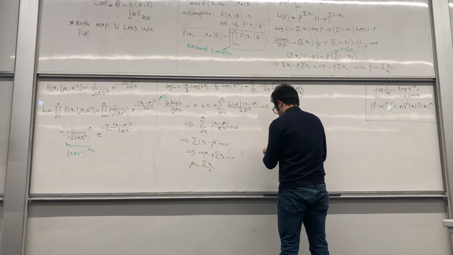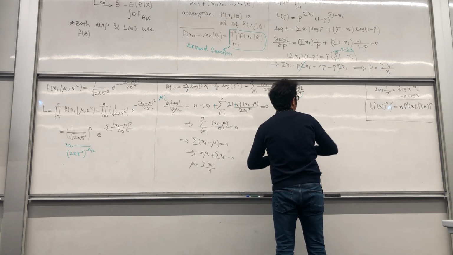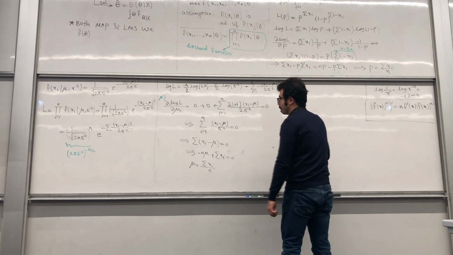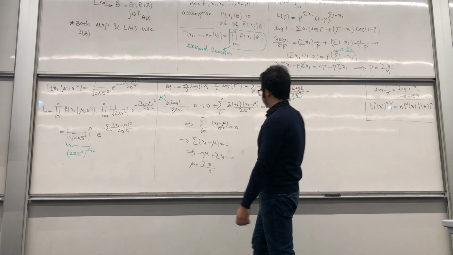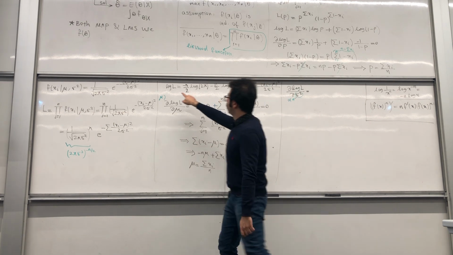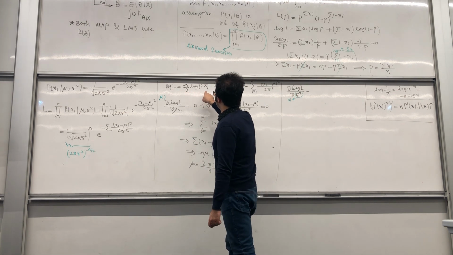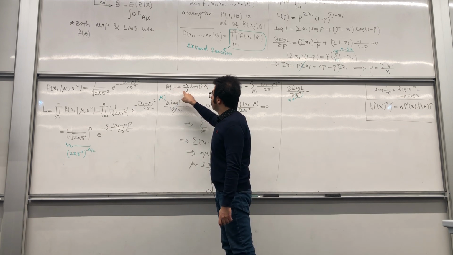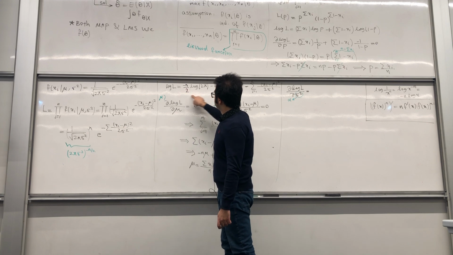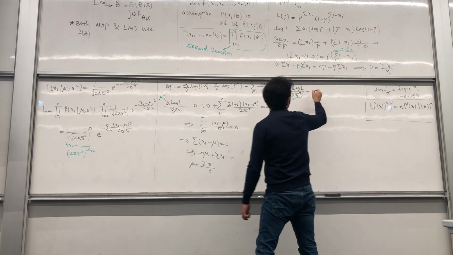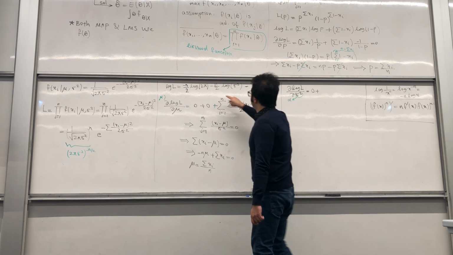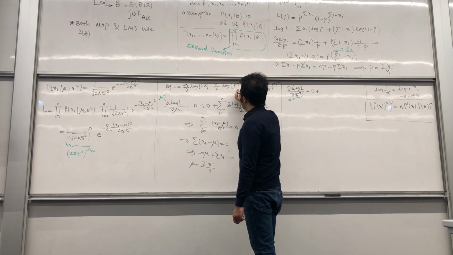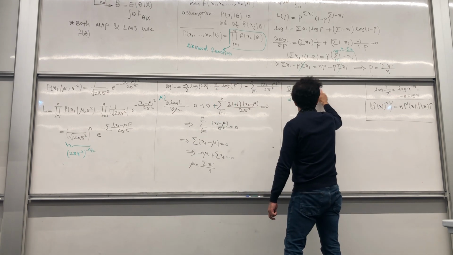So this is equal to... where is it? Oh, the likelihood here is here. So I need to find the derivative of likelihood with respect to sigma squared. The first term is constant. It doesn't have any sigma squared in it. So 0 plus. What about the second term? The coefficient is minus n over 2.